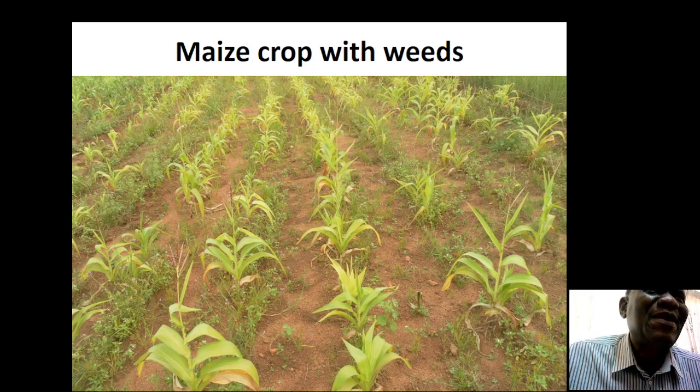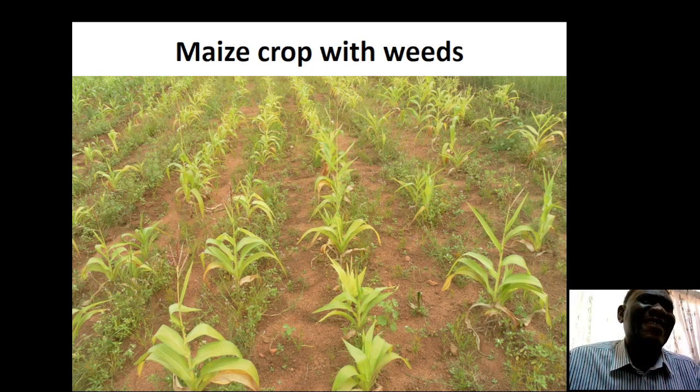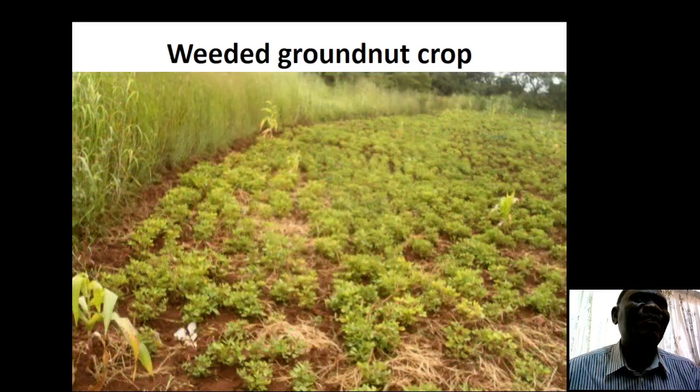You can see the maize crop is already tasseling, even before knee height. There are also nutrients which could be a problem, which makes competition very intense. This is a weedy groundnut crop.